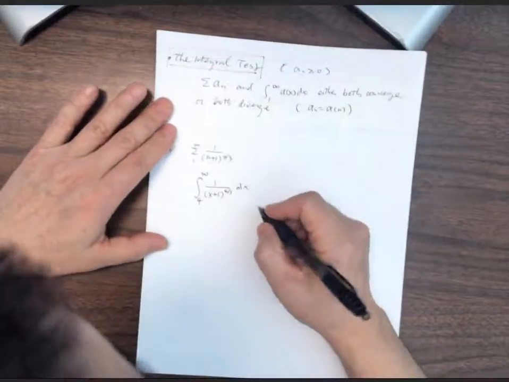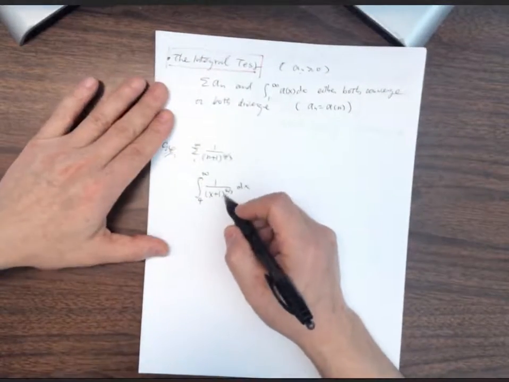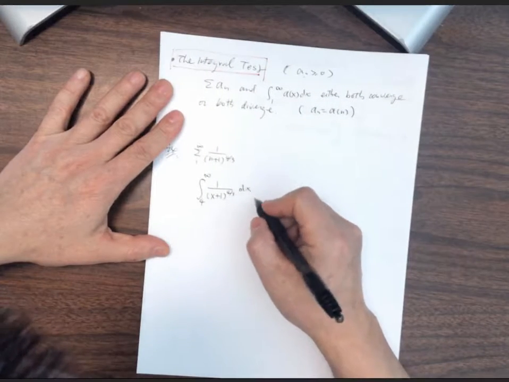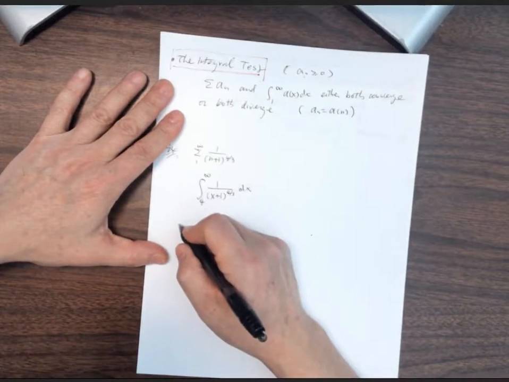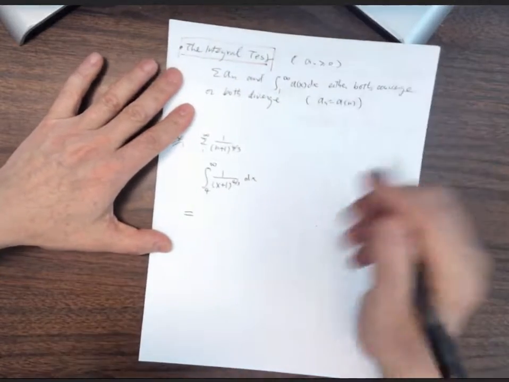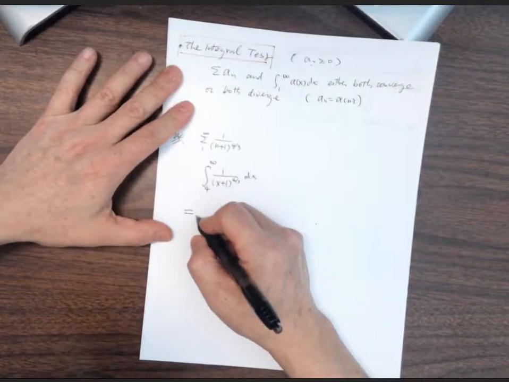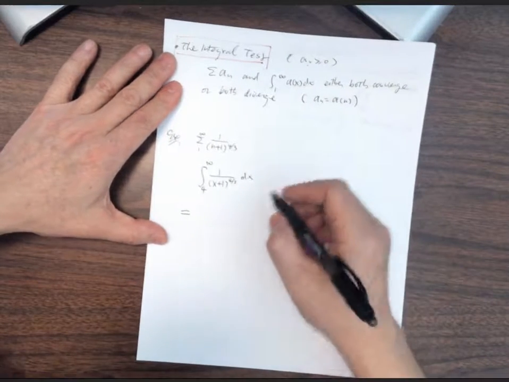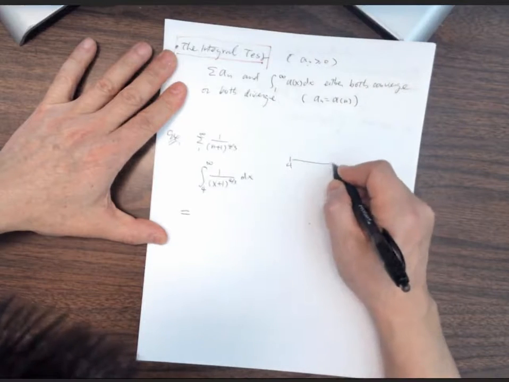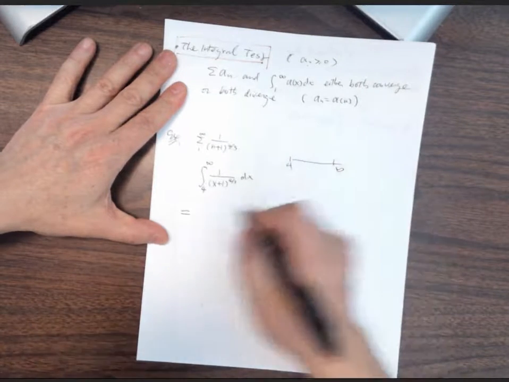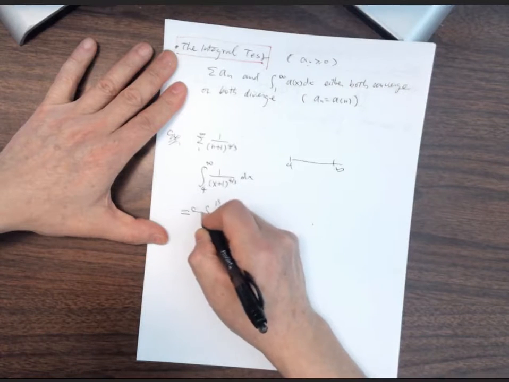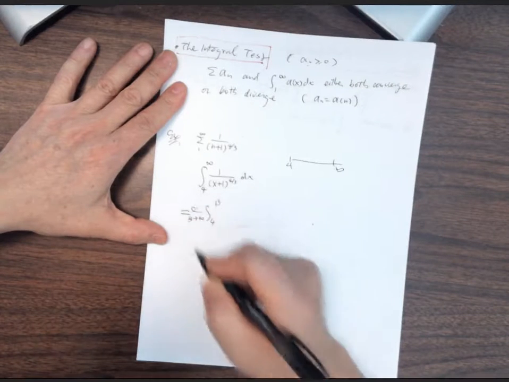Okay, so this is an improper integral. How do we evaluate an improper integral? Well, the old-fashioned way is to remember to replace the infinity, so from 4 to b, with b approaching infinity.